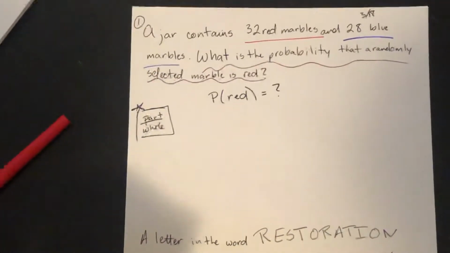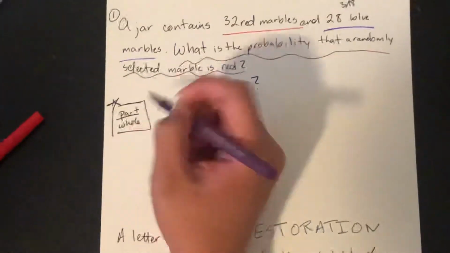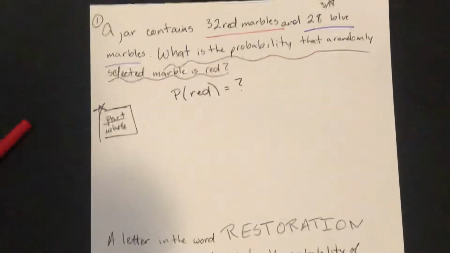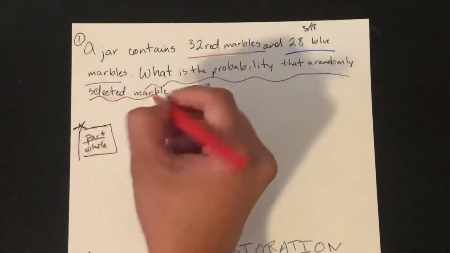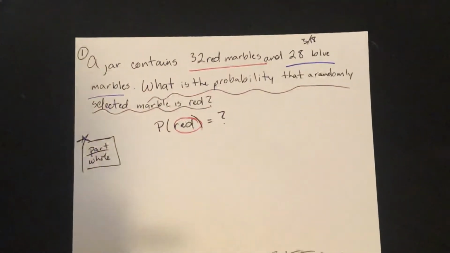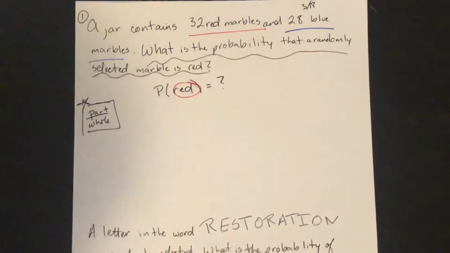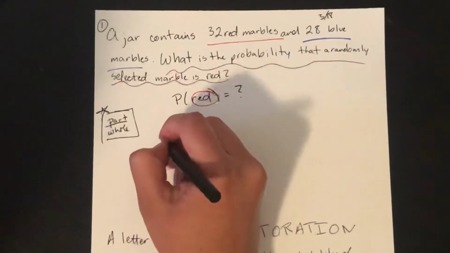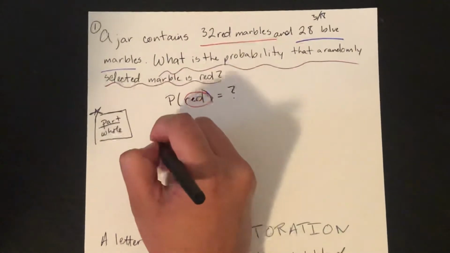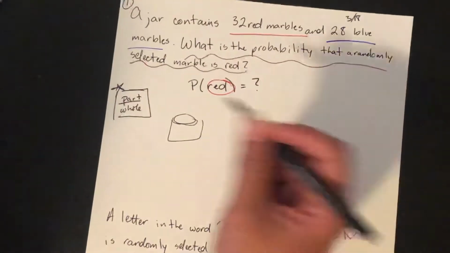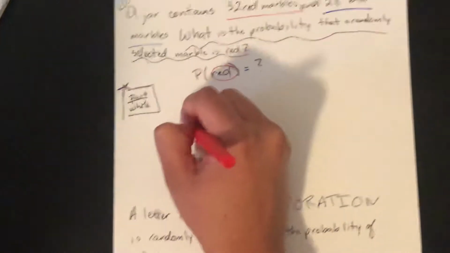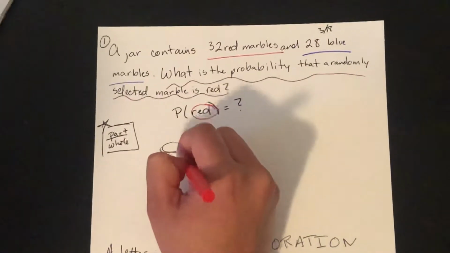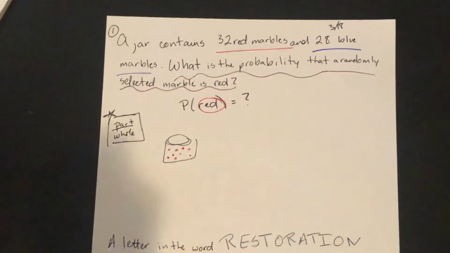Again, when we do probability, we're always looking for the part over the whole. So in this case, our part is going to be the red. And then our whole is going to be however many marbles there are. So if I have a jar, I'm just going to call this a jar, and it has a bunch of marbles in it. Has a bunch of red ones, and it has a bunch of blue ones.